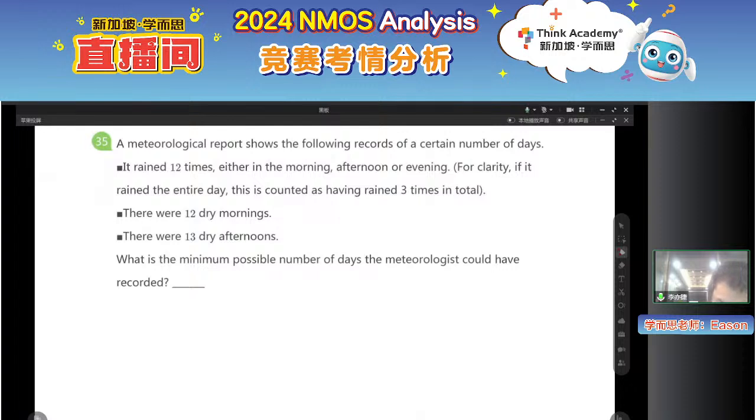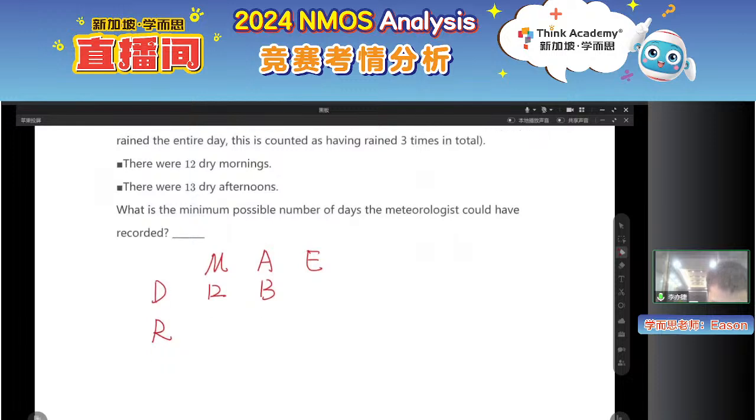It says that there are mornings, afternoons, and evenings, and then they have raining days and dry days. There are 12 dry mornings, 13 dry afternoons. So totally we have 12 raining days.